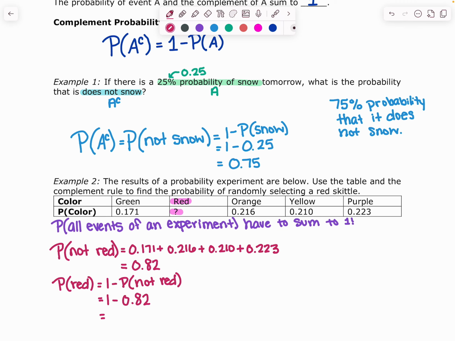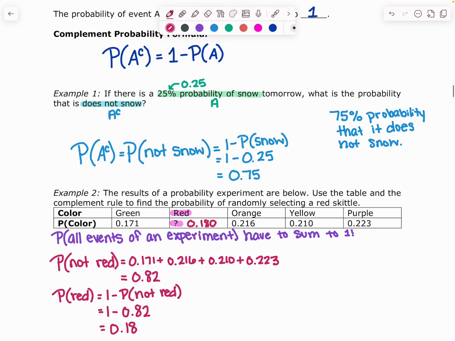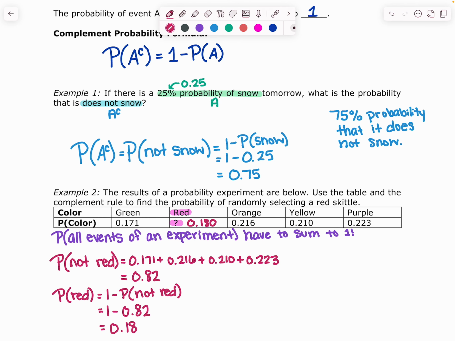So 1 minus 0.82 is 0.18. So this missing probability is 0.180. And I'm going to throw the 0 on the end just so that I'm consistent. All the other probabilities were reported to 3 decimals, so I'm going to give this one to 3 decimals as well. And that is another example of how we can use the complement to find an unknown probability.